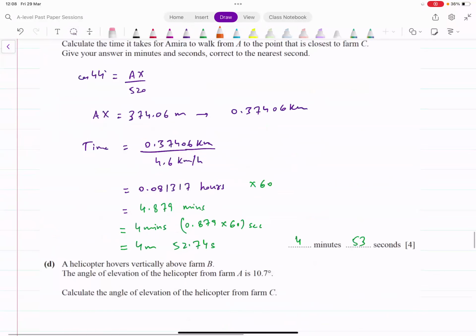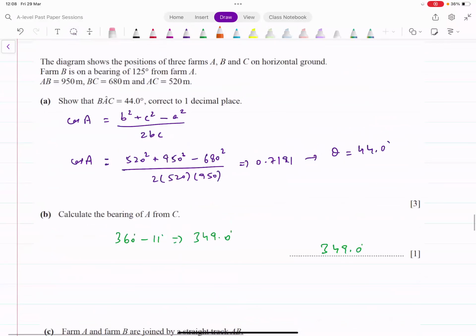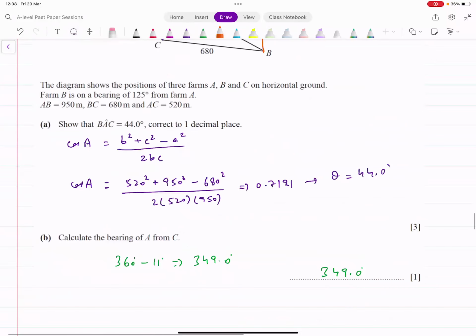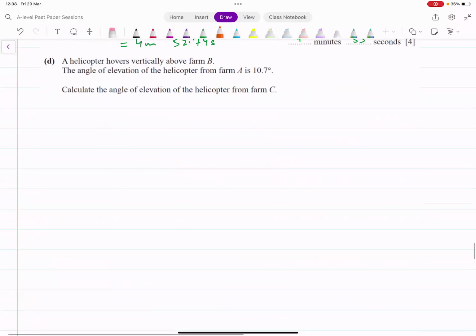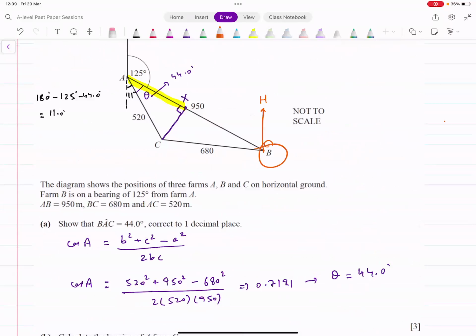We know that the angle of elevation from farm A is 10.7 degrees. Now, where is the helicopter? It's right above B. So to help understand the situation, we can draw a right angle triangle like this, because whenever we have something vertical, we can have a right angle triangle with the foot of the perpendicular being the point over which you have something.